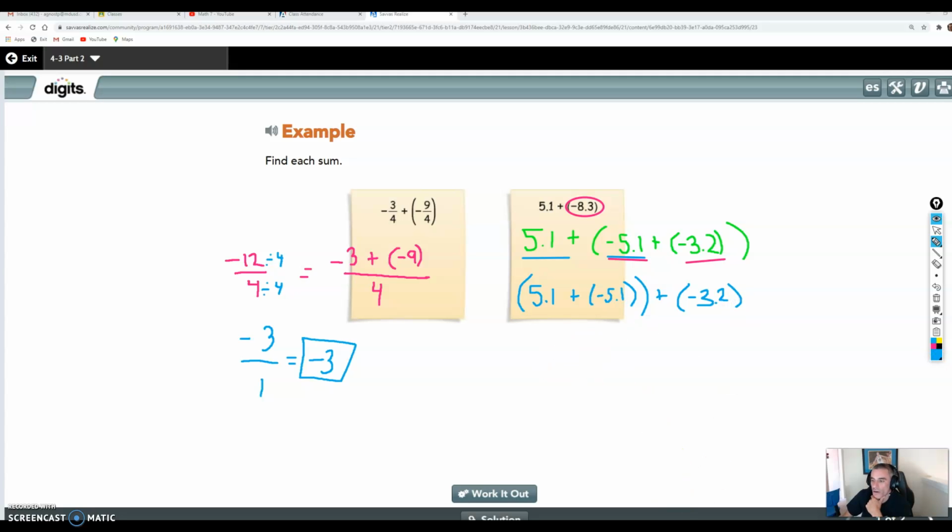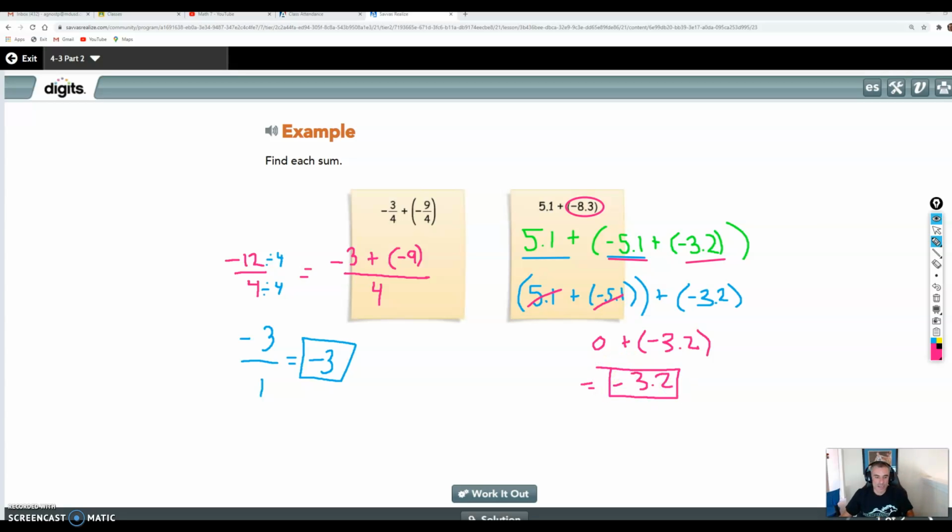All right, well, we know that additive inverses sum to 0. So 5.1 plus negative 5.1, all of this just becomes 0, plus my negative 3.2. Well, any number plus 0 is equal to just that number, so we know that our final answer is going to be negative 3.2.